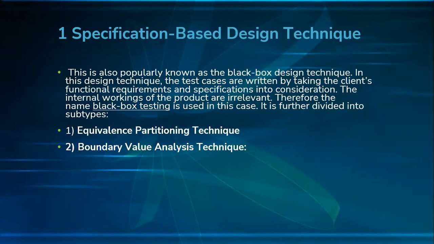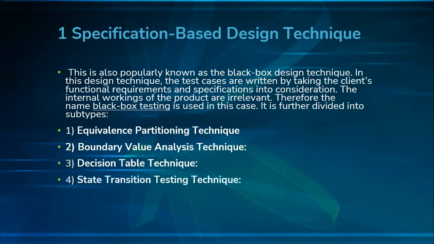Where people make mistakes again are these 2: equivalent partitioning technique and boundary value analysis. Two of them, please jot them down again. The next thing is decision table technique, and state transition testing technique, and use case testing technique. Let's take the first one, equivalent partitioning technique.